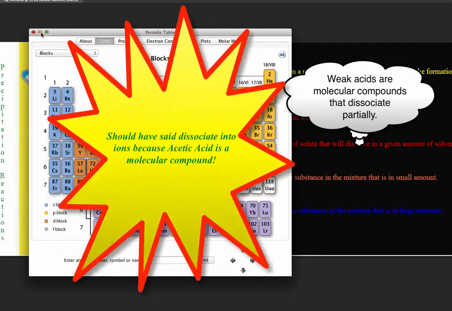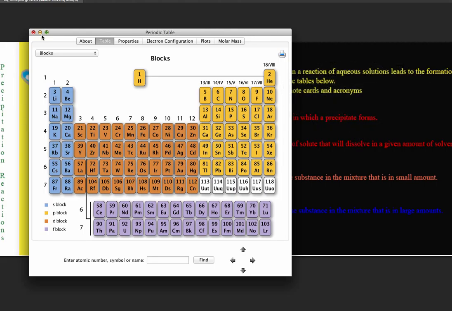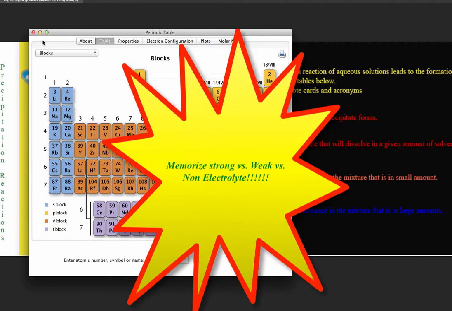Acetic acid would ionize. Some things ionize to a greater extent, and other things don't ionize to that great extent. If they ionize to a great extent, it's called a strong electrolyte, and if it's ionizing minimally, it's called a weak electrolyte.